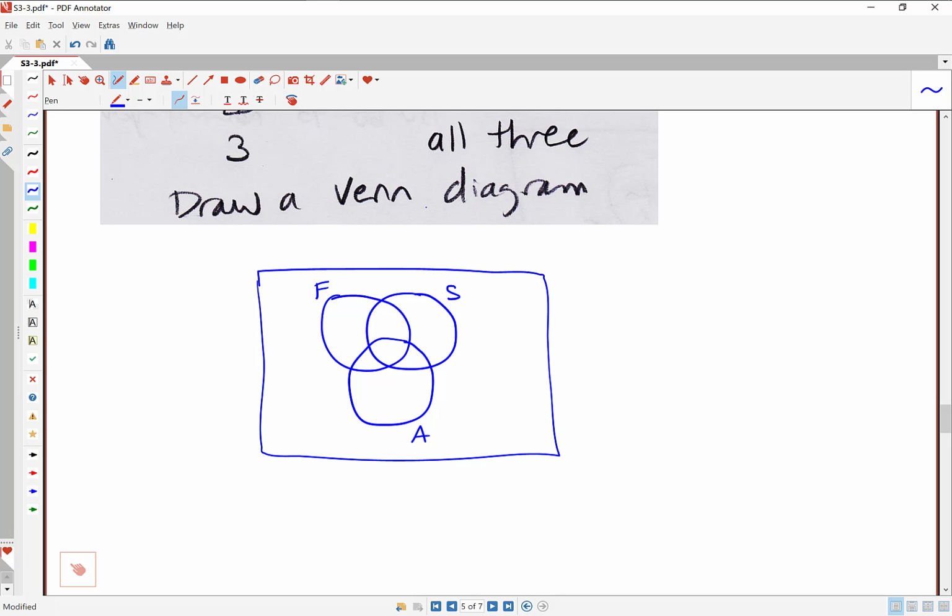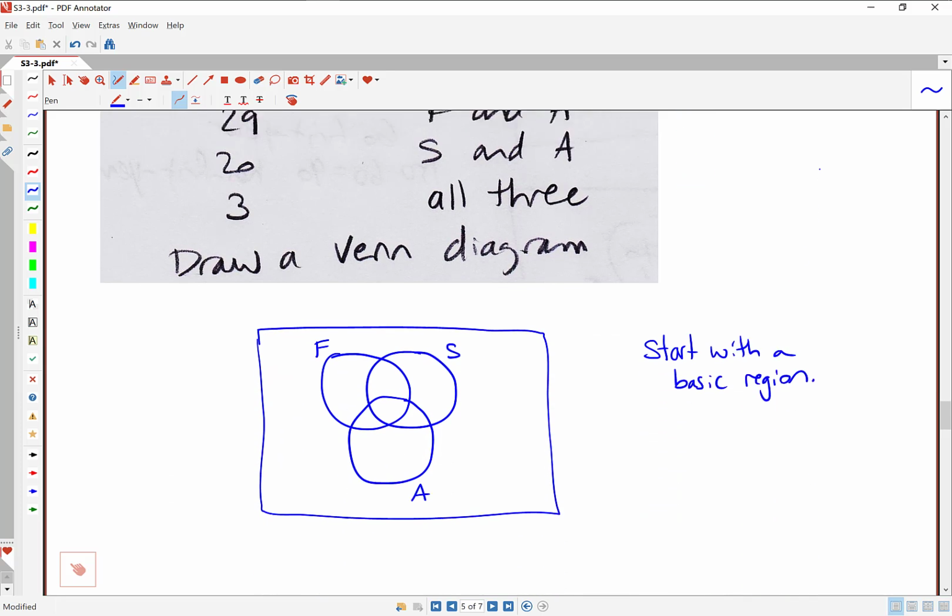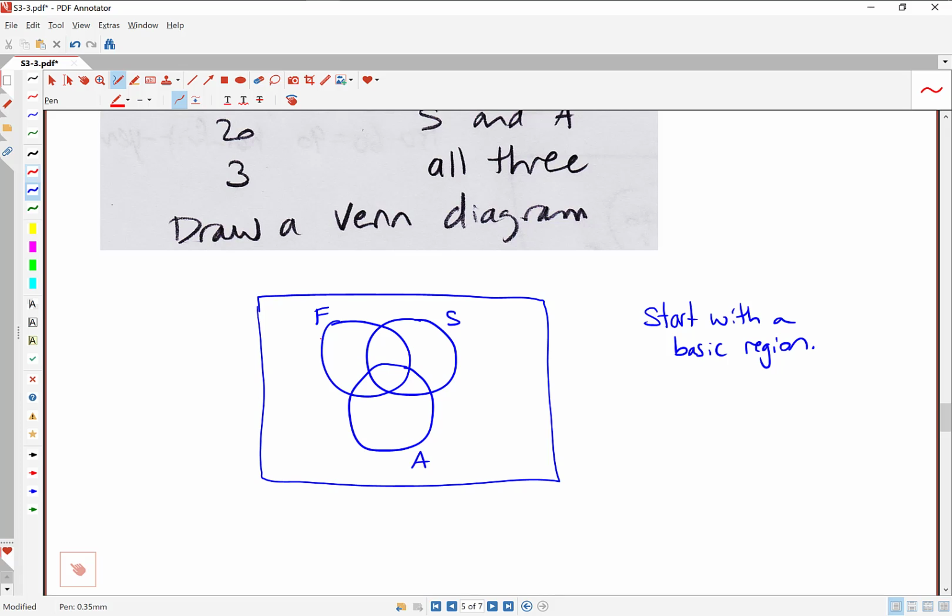As with our previous Venn diagram examples, the rule is that you want to start with a basic region. So for example, if someone tells you that 65 employees speak French, that doesn't help us right now because the circle for French actually contains 4 basic regions. So that doesn't directly lead us to filling in a number.